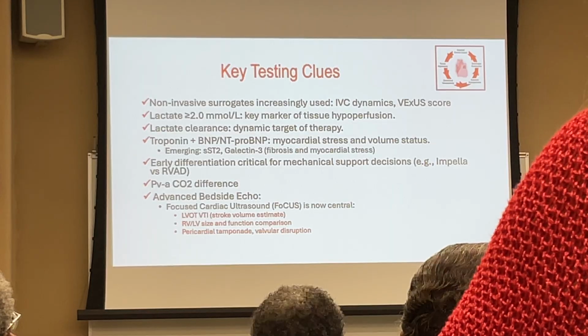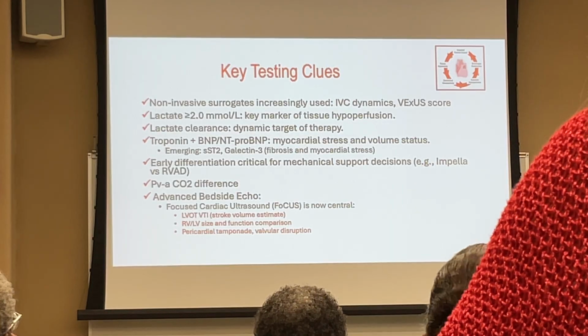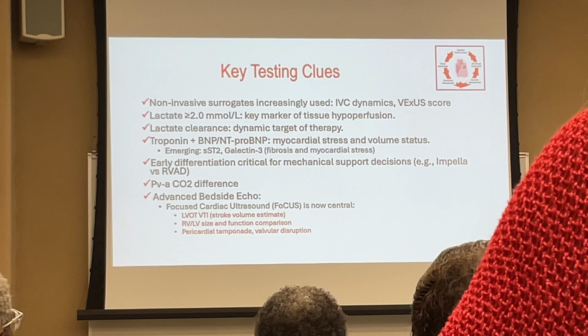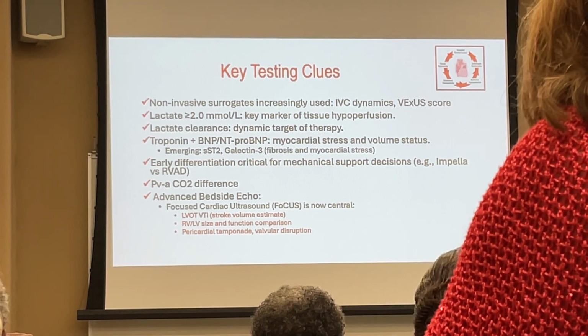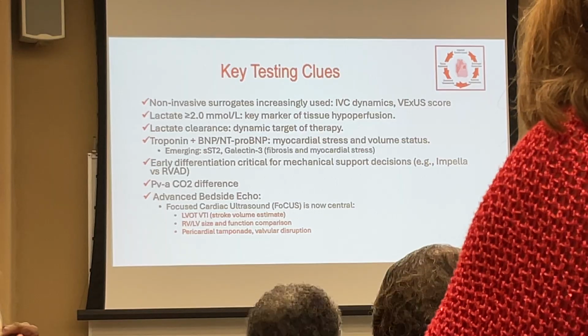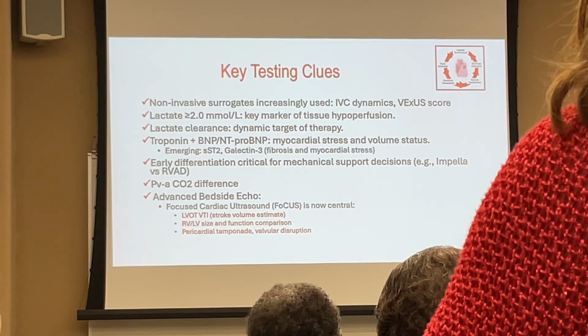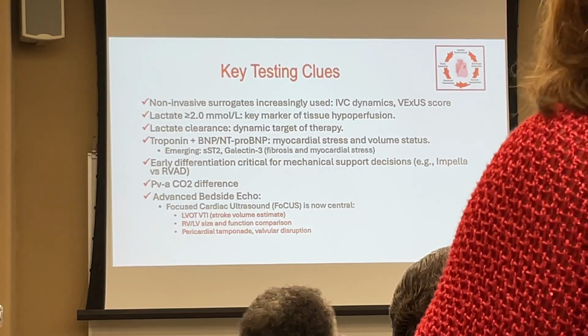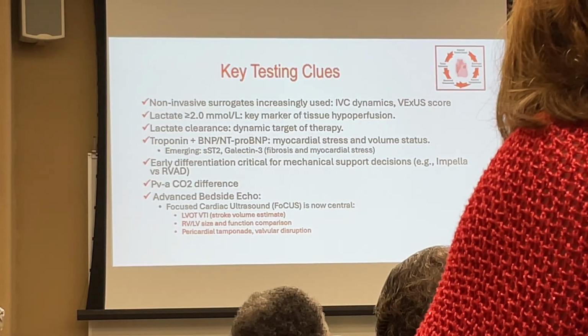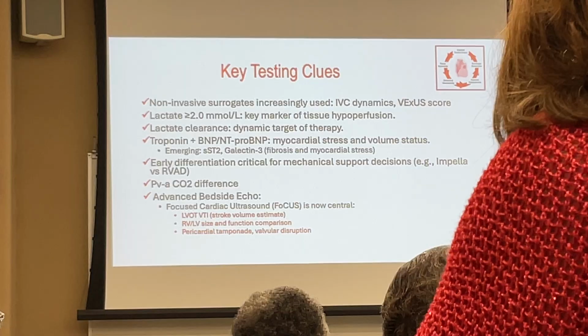So pharmacologic circulatory support is typically inotrope plus dilation. Again, mechanical circulatory support can go from balloon pump to left side Impella, to right side Impella, to bi-Impella, to VAD, and to ECMO.